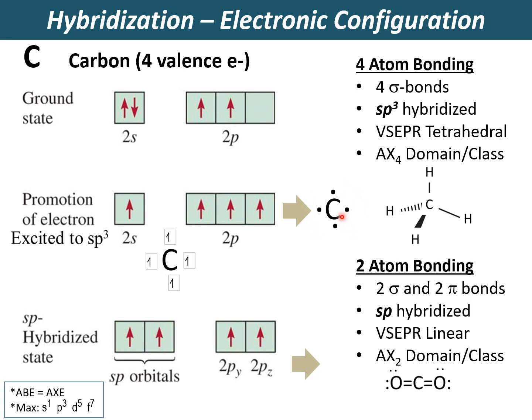This Lewis dot structure look is now capable of bonding with 4 different atoms and forming, for example, methane. Another look at this hybridization would be when we have the sp interaction to form sigma bonds, and we have a pp interaction to form pi bonds, which could happen in the case of CO2.